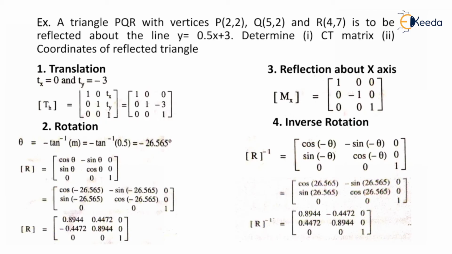Everybody knows that rotation is always done about the origin, so here it is about the origin, and we have to do the inverse rotation. That means theta will be replaced by minus theta, that's it. So if you observe, the R and R inverse values are the same, just the sign positions change. Okay, so you can directly write down the R inverse matrix, no need to calculate again on the calculator.